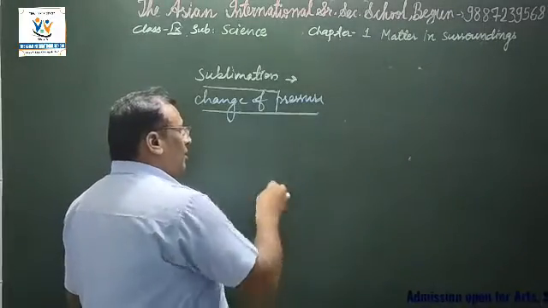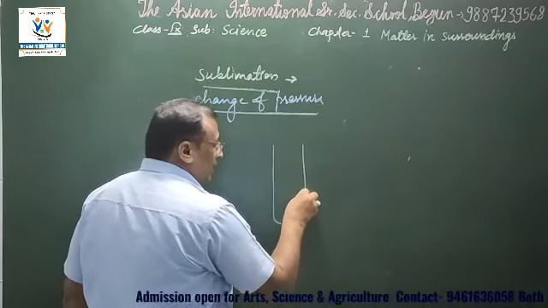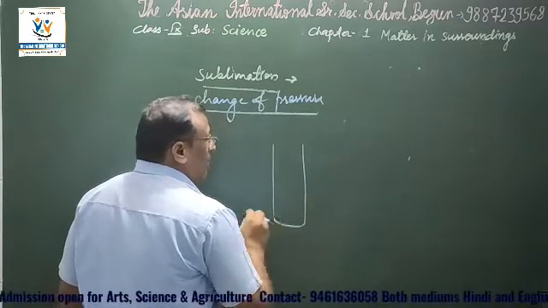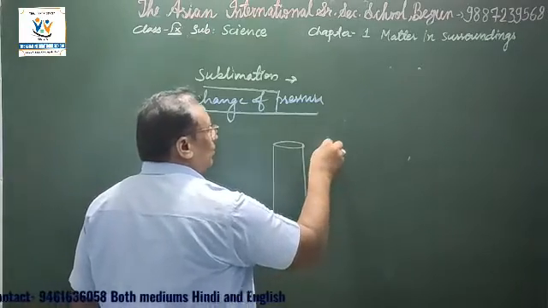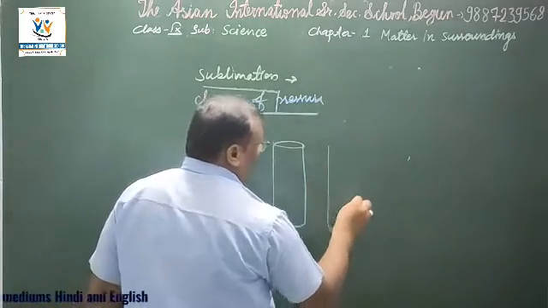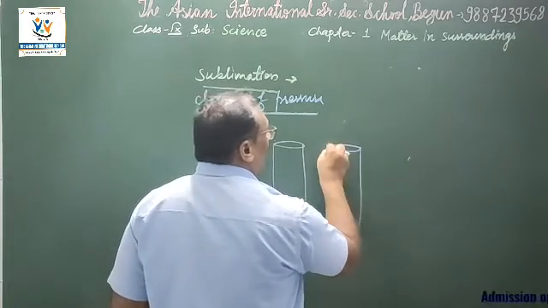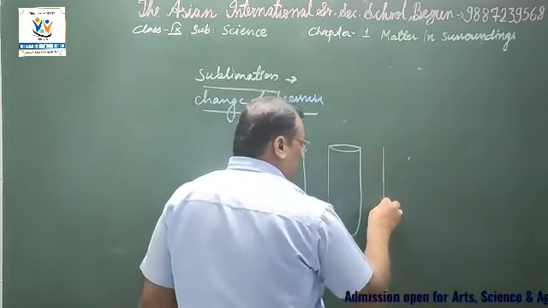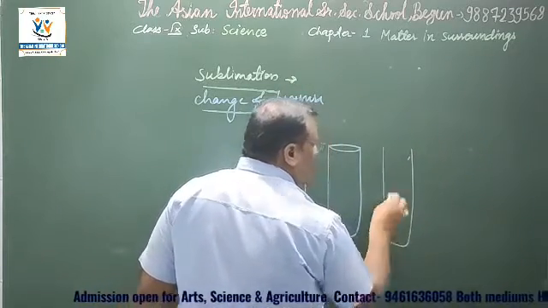See here, three tubes of this type are taken, which contain gases. Suppose they are A, B and C.